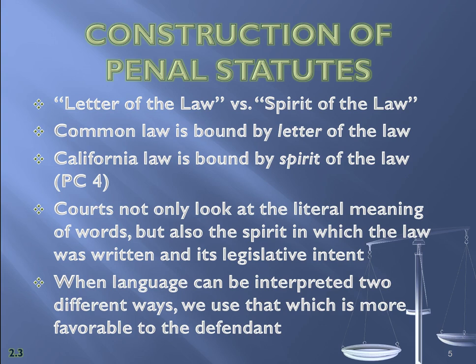Okay, so you get that, right? No common law. All its provisions are to be construed according to a fair import of their terms with a view to effect its objects and to promote justice. Okay, so that's end quote. So that's kind of what it talks about in Penal Code 4.